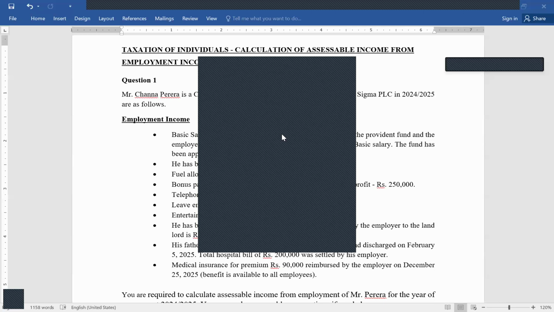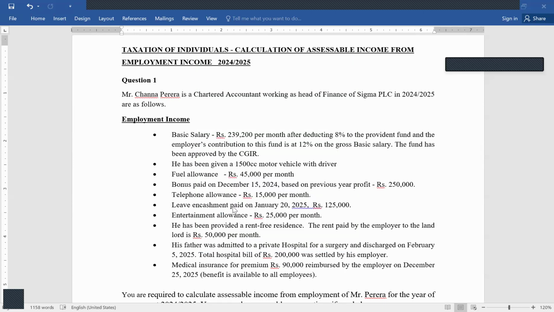One said 15,000 per month. Then the next one, 45 multiplied by 12, that is 540. Then 15,000 multiplied by 12. So why did you consider that 15,000?